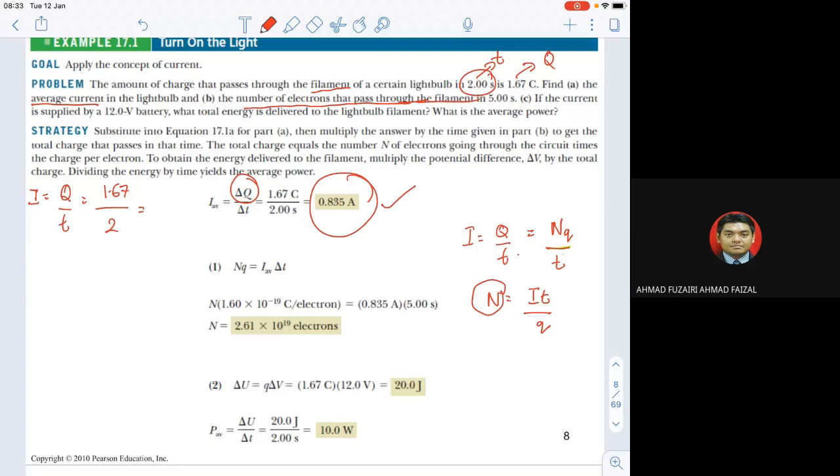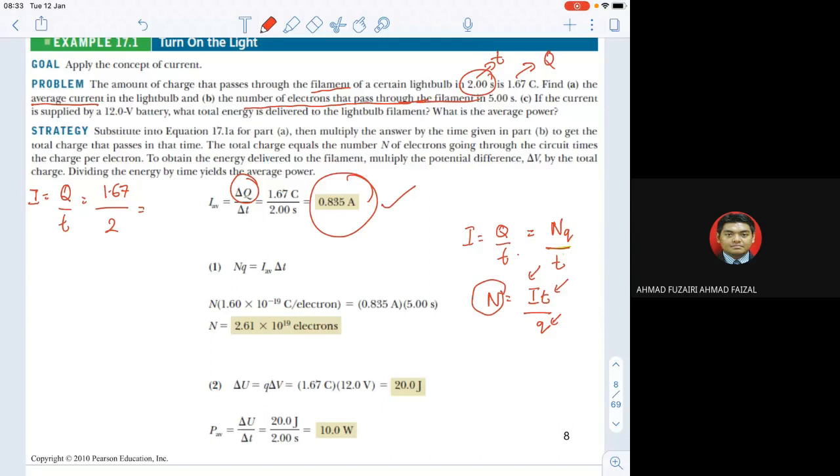How can we get this one? From the microscopic view. Why? Because we want to know the number of electrons. I t, so we have the current from part A, we have the time, and q is the charge of the electron, not the charge from the question. It's not 1.67 coulomb.